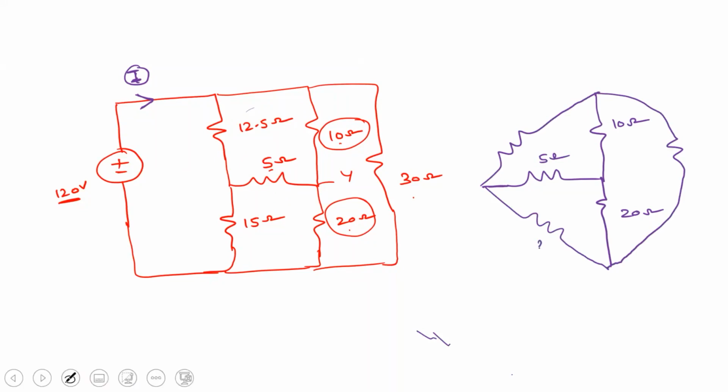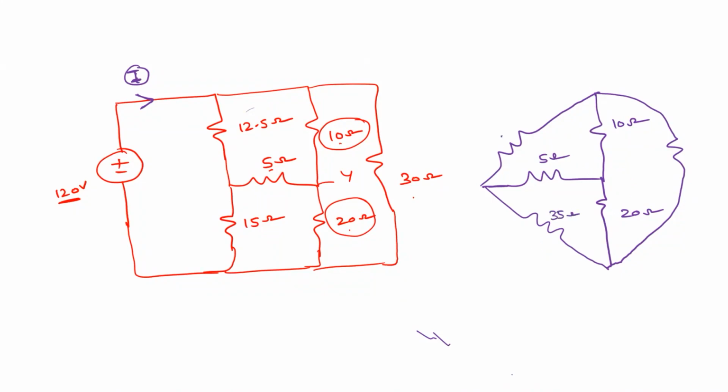So now tell me what is this value? 5 into 20 plus 20 into 10 plus 10 into 5, divided by 10, right? So what is this value? 35. So this is 35 ohm.